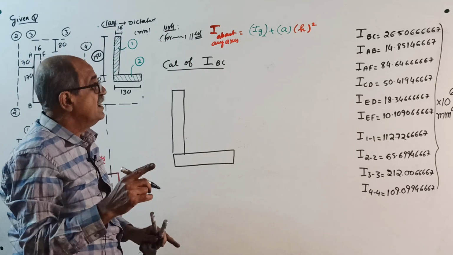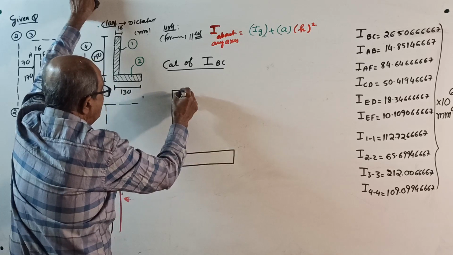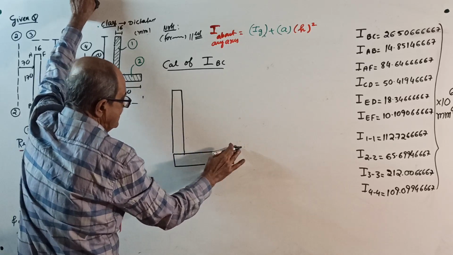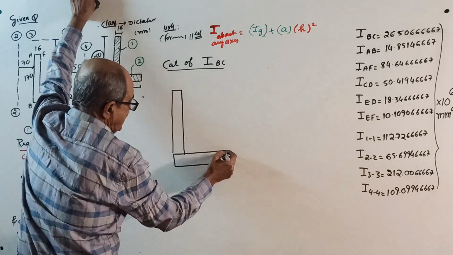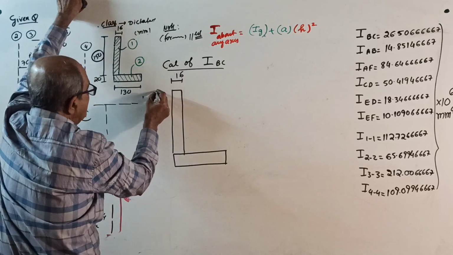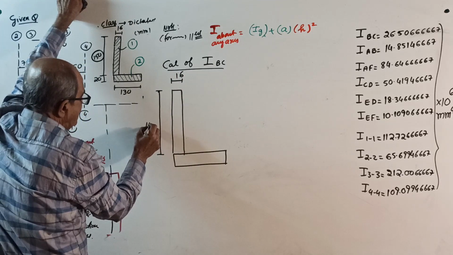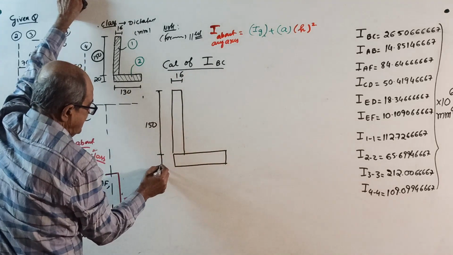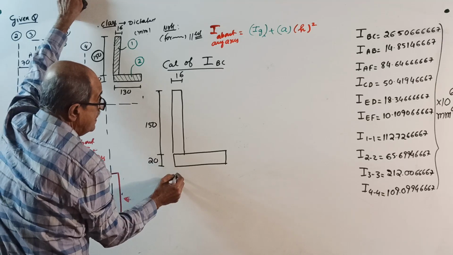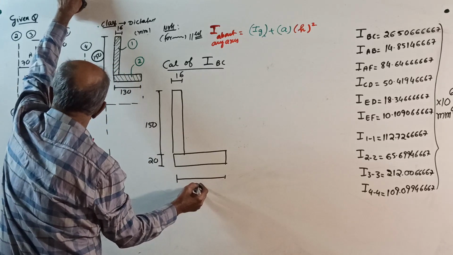I will change the order first of all. Okay, 16 here, this is a little lesser. Okay, now it's reasonable. This is 16, this is 150, this is 20, and this is 130.